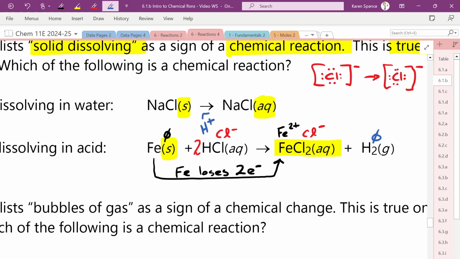Okay, so the hydrogen goes from being +1 to being 0, and that happens to 2 hydrogen ions. So each H+ gains 1 electron. So the iron is losing 2 electrons. Each of the 2 H's gains 1 electron. So we have a gain of 2 electrons to offset the loss of 2 electrons. Yes? The iron gives them away to the 2 hydrogens.